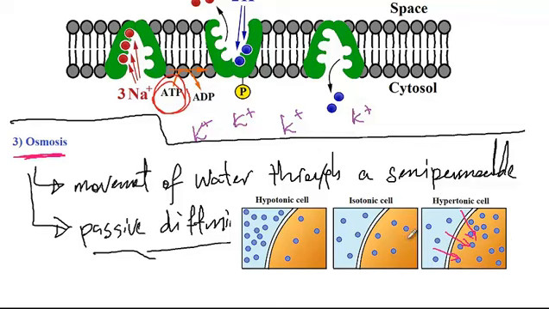In this example, isotonic cell, the solute concentration inside the cell is the same as outside. So the rate of water going inside would be equal to the rate of water going outside. And then finally, here we have an example of a hypotonic cell where the solute concentration is much lower than the outside environment. As a consequence, under these circumstances, water will exit the cell.